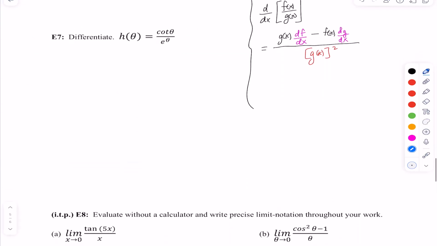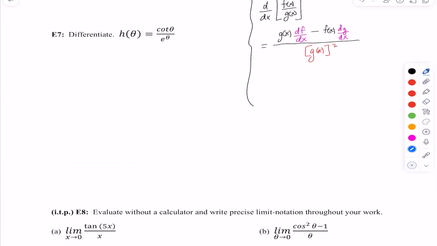Here is a quotient function. So for quotient functions, you might want to use the quotient rule.